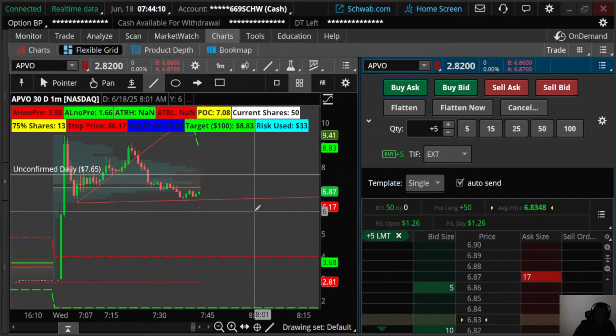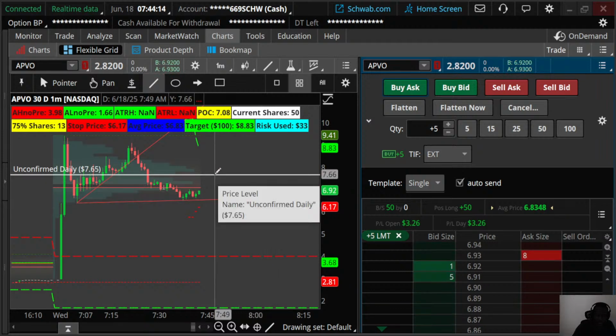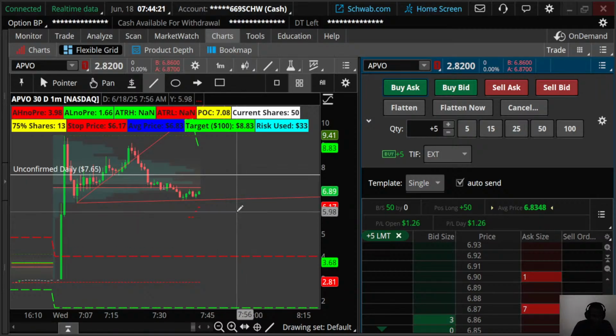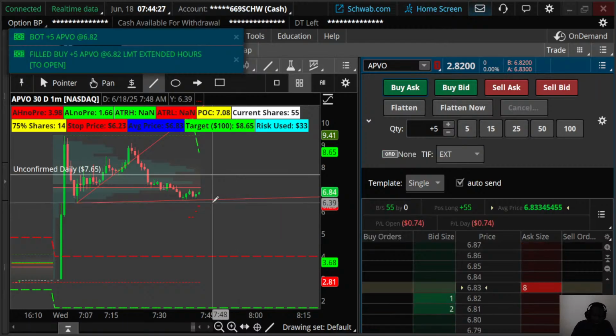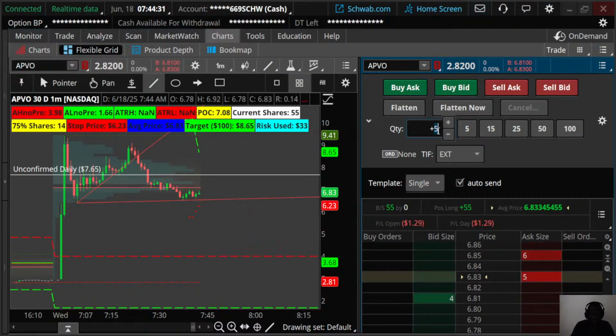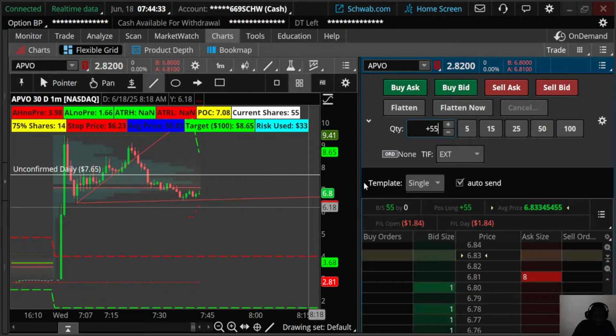Seeing if it can grind higher through here. Got room all the way up to 7.66. 12 million shares traded. Ready to get out at 6.50. 55 shares in.